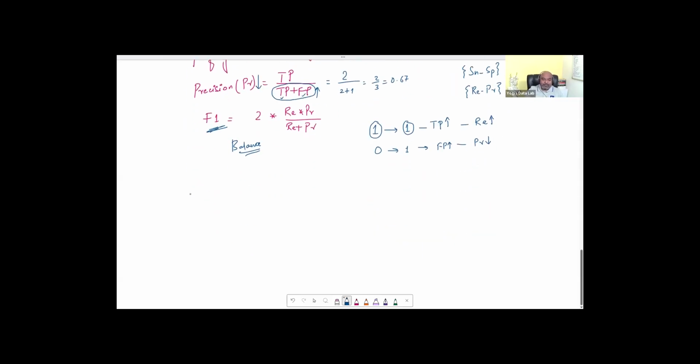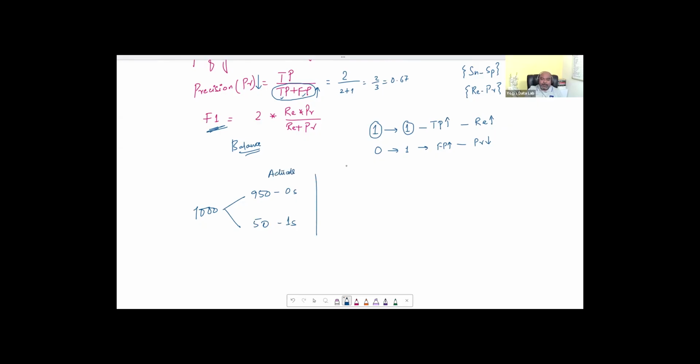So if you look at this, let us say you have 1000 rows of data, out of which you have 950 zeros and 50 ones. These are the actuals, okay?